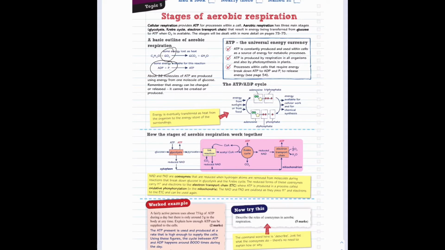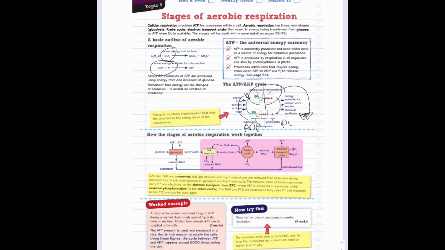So the cycle is you've got ATP, and that will be used as energy for cellular work and for chemical synthesis. And then when you've used that up, the bond gets broken. So what you get is the ADP plus a phosphate molecule. And then once again, it will reform back to ATP through ingestion of food or through sunlight if it's in plants.